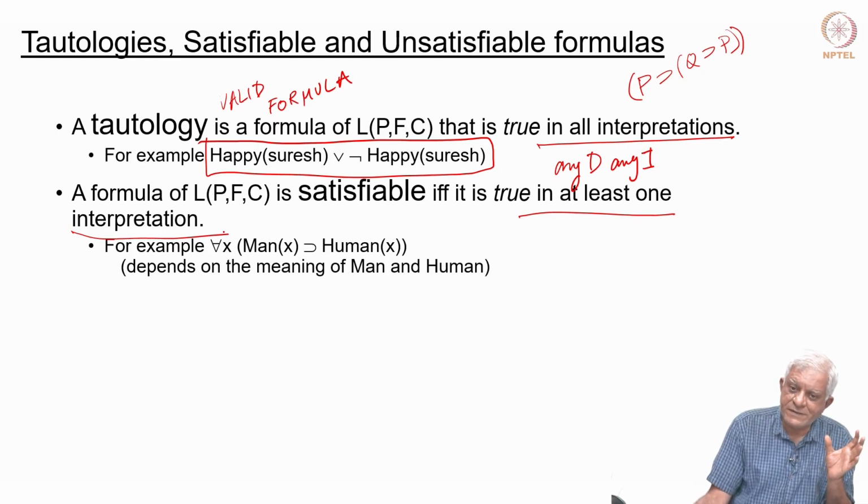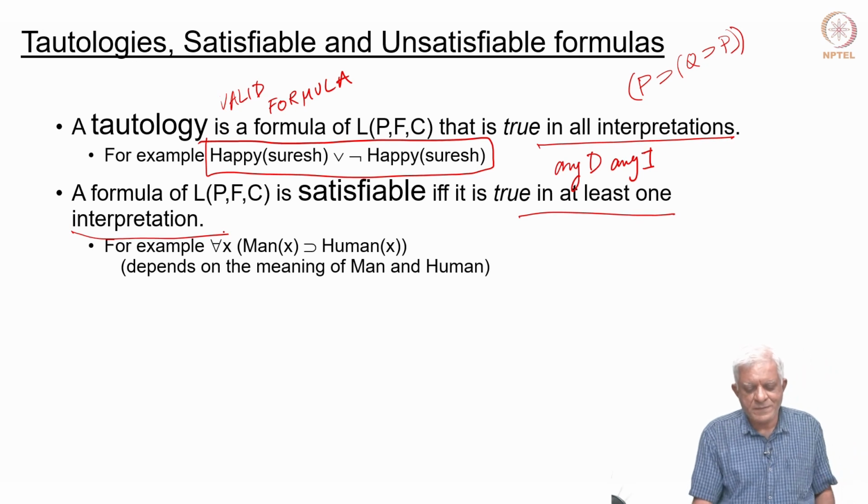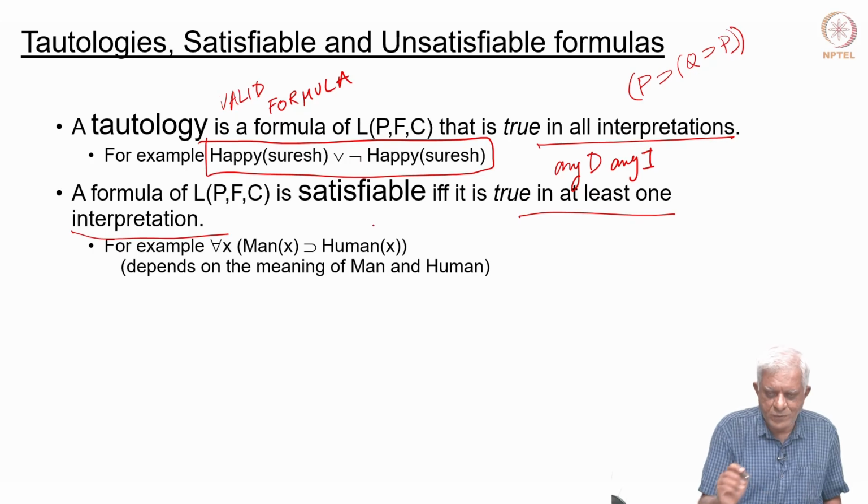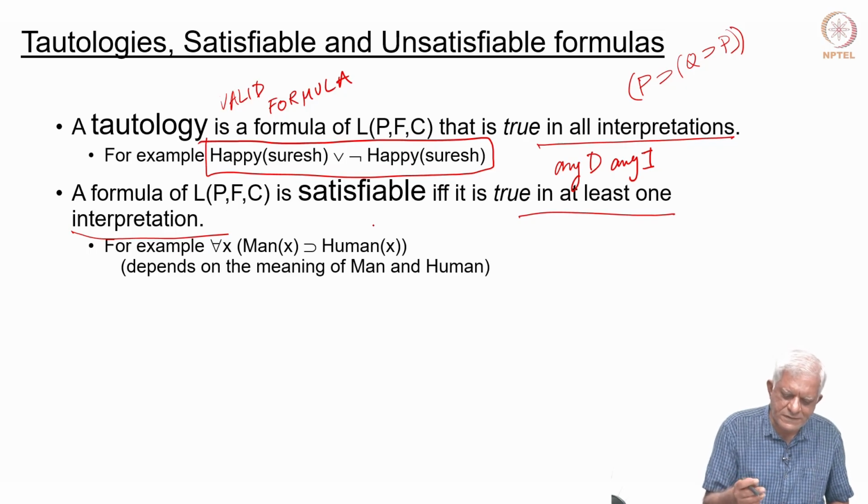So, in that interpretation it would not be true, but what we are saying here is that you can choose some domain and some interpretation in which this formula will become true, and then of course, in that domain and interpretation you would have chosen some appropriate meaning for man and for human essentially. There are no constants in this and there are no functions, but you can choose an interpretation which will make this true, which is true in our world, that all of us are humans essentially.